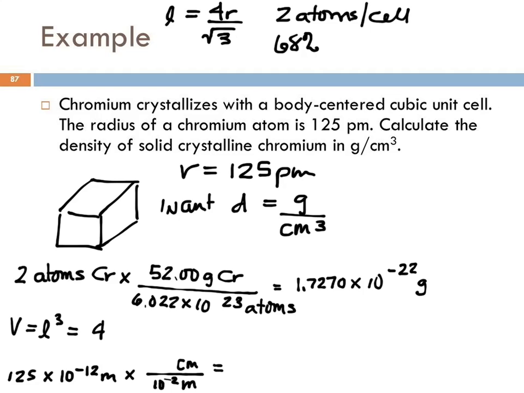So I took 125, and instead of writing pico, I just wrote what it means to save a step. And then here I've got centimeters per meter, and it's 10 to the minus 2 meter. So I'm taking this number and dividing by 10 to the minus 2, which is going to get me 10 to the minus 10.